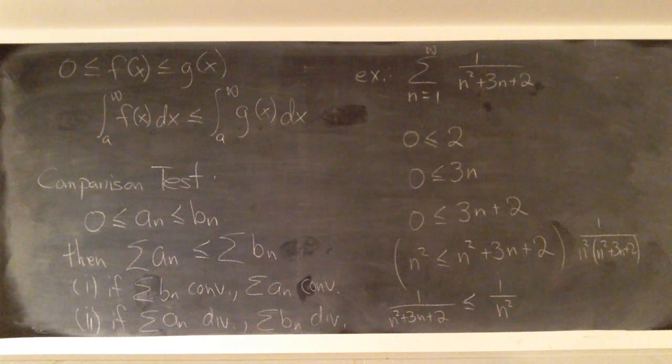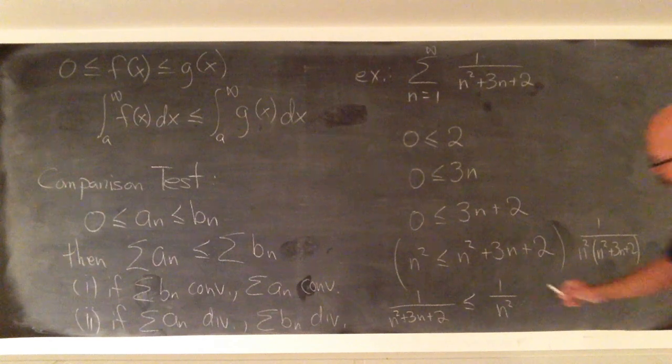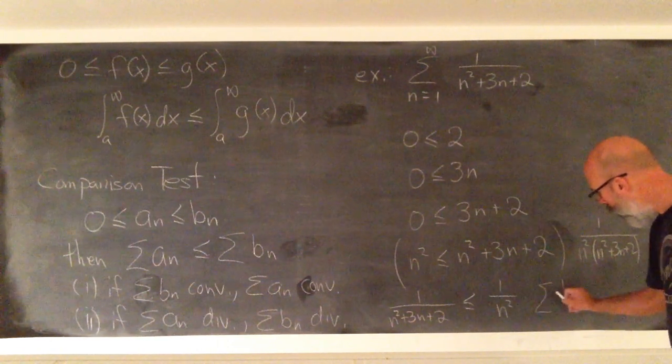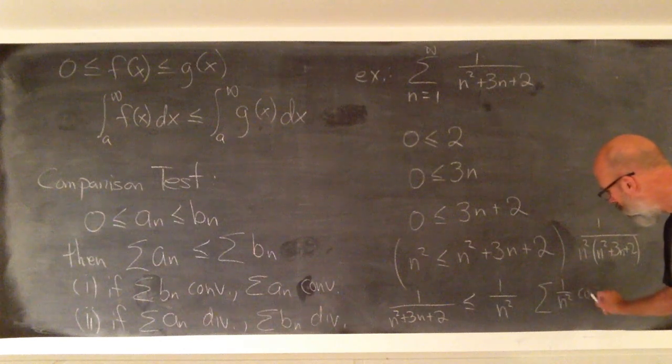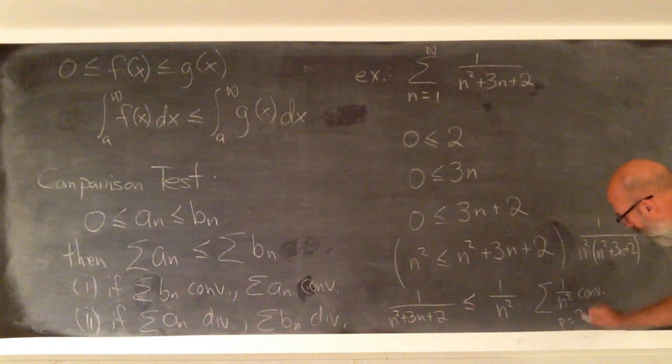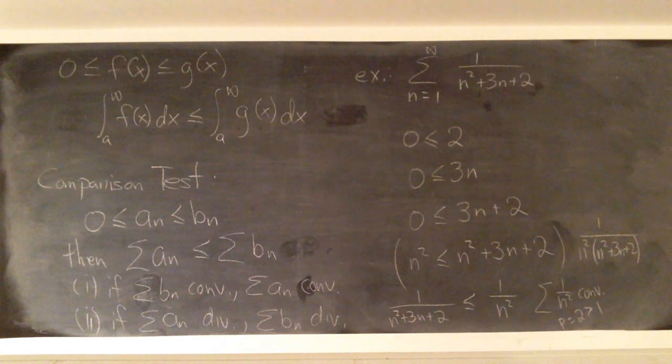And now you see what happens, right? What do we know about this series? The series 1 over n squared converges. It is a convergent p-series, where p is equal to 2, which is bigger than 1.